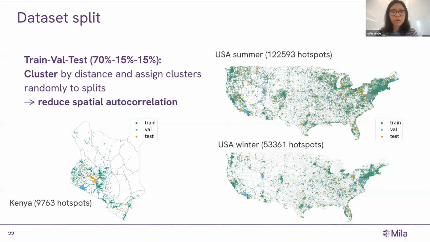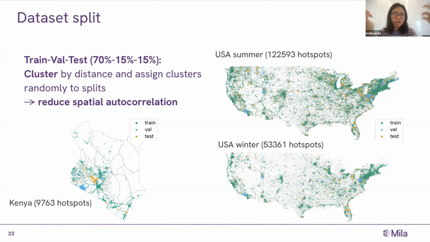One important thing when you look at data that is distributed geographically is how you do your data set split. Because you want to reduce spatial autocorrelation, which basically means that if there are 2 locations in your train set, and then you have a validation location in between, maybe the locations are very close to each other, well, maybe your model could just interpolate things and have very good performance.